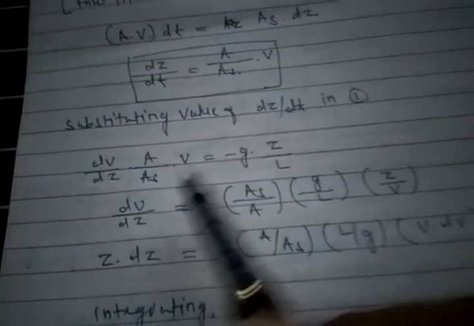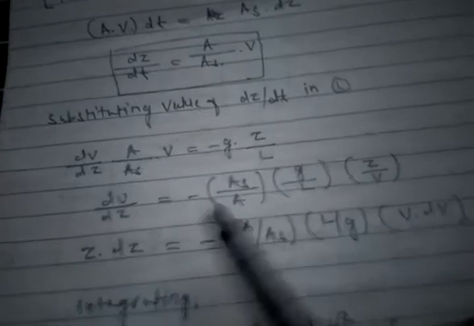Taking these terms to the right hand side, dV by dZ is equal to minus of AS by A into the other bracket, g by L into Z by V.